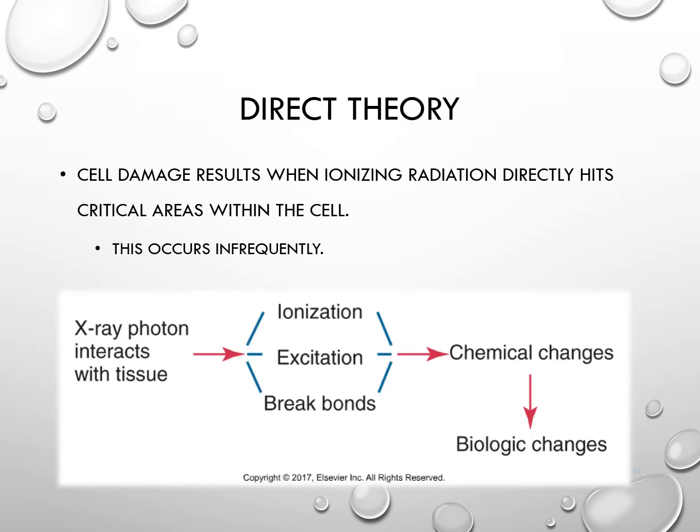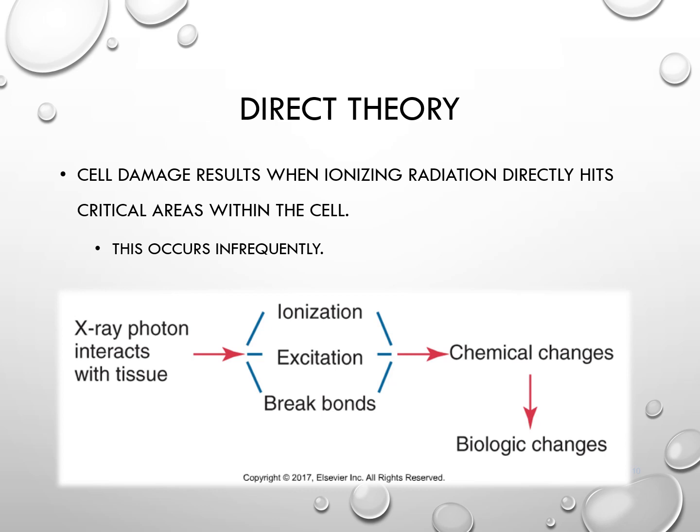Okay, so cell damage results when ionizing radiation directly hits critical areas within the cell. This doesn't happen very often, but it happens when the X-ray photon, which is shooting toward that tissue, ionizes the atoms within the cell.